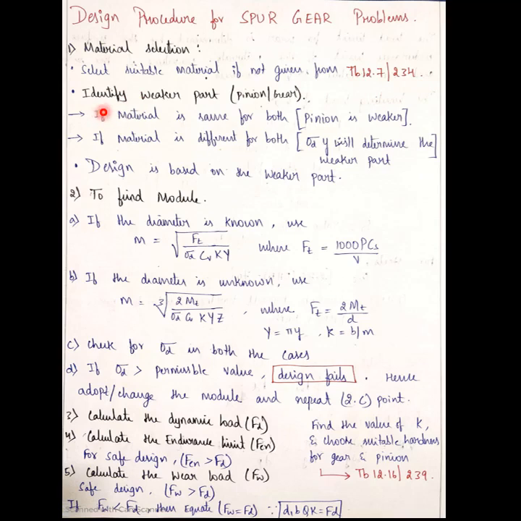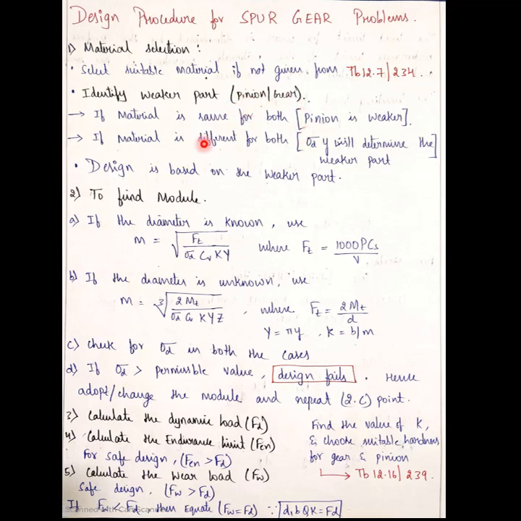Under this material selection, we need to identify the weaker part. What do you mean by weaker part? There are two elements, the gear and the pinion. The pinion is the smaller one, which has fewer teeth; for differentiation, we just call it a pinion.